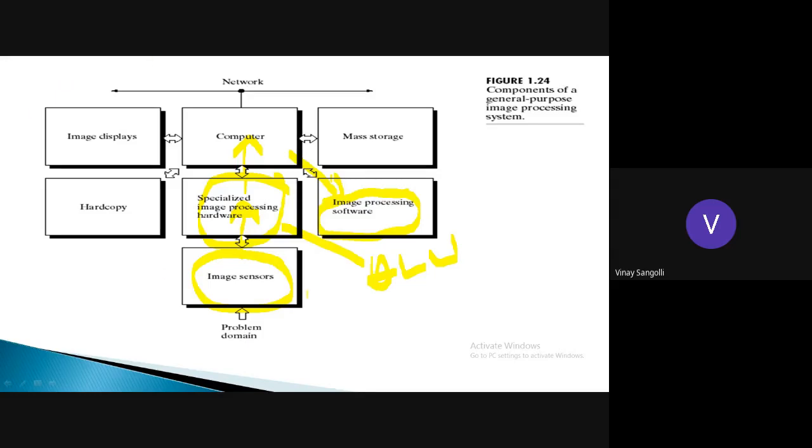Storage is very crucial. Why is storage crucial? Any idea why storage is crucial when you do image processing? Zaid says to store.